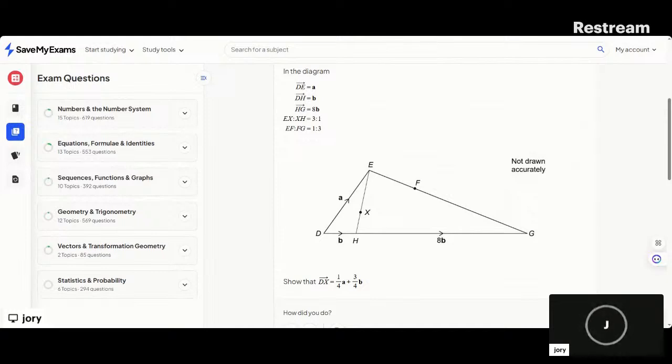So EX, EX is 3/4. So EX equals 3/4 of EH equals 3B over 4 minus 3A over 4.